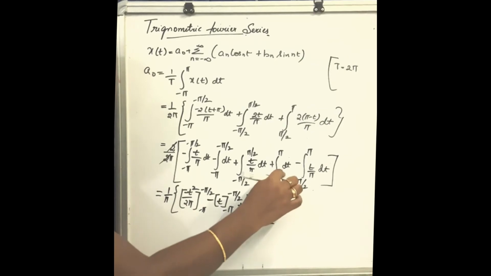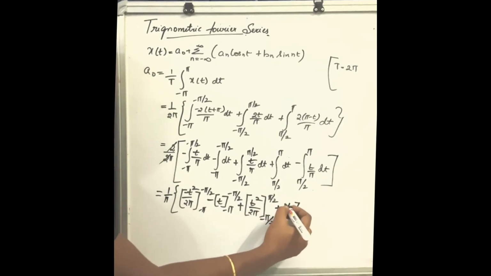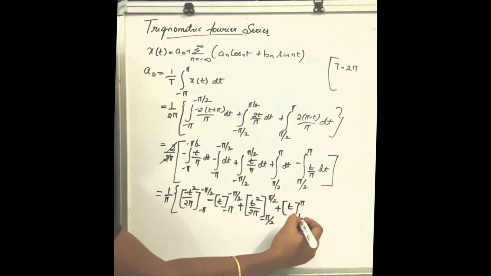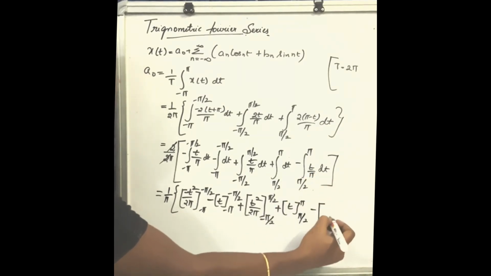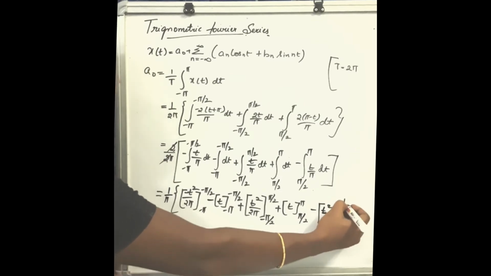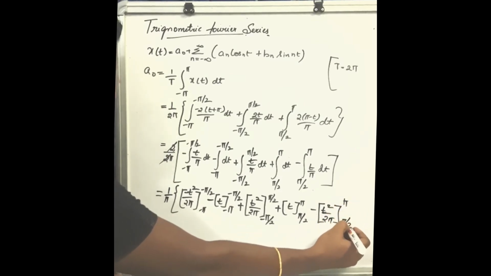And then again it is t for the limit pi by 2. It's t square by 2 pi and the limit is pi by 2.